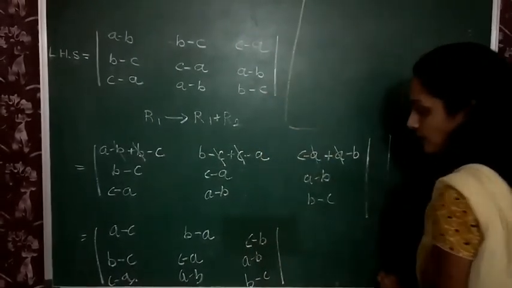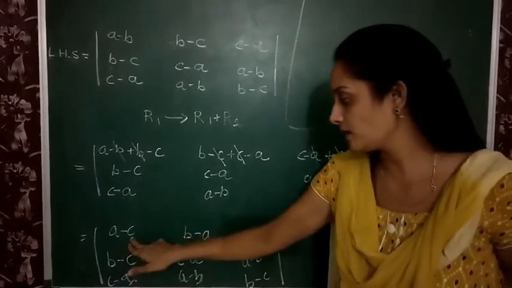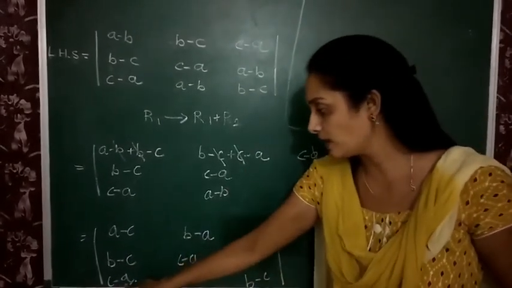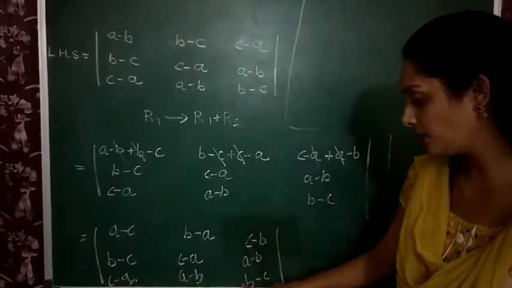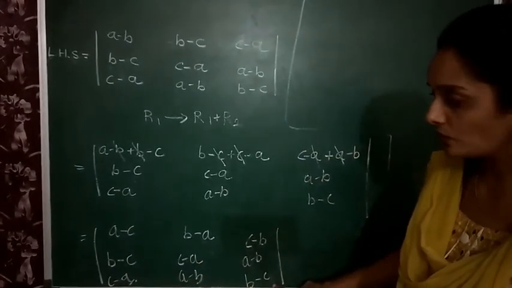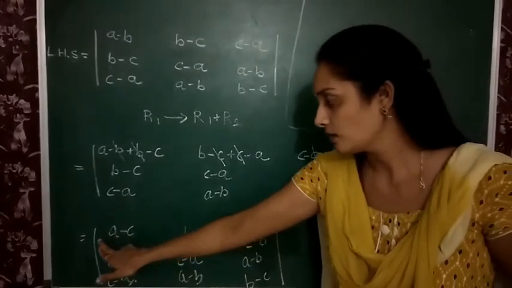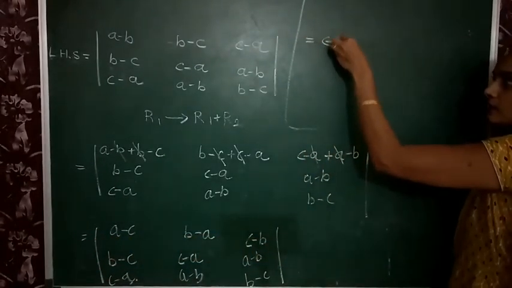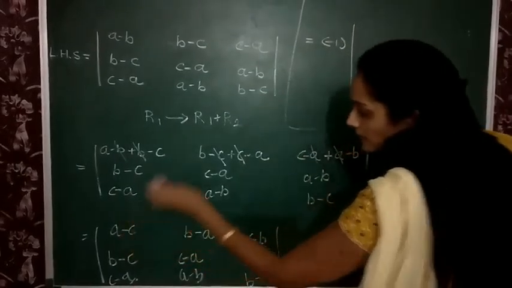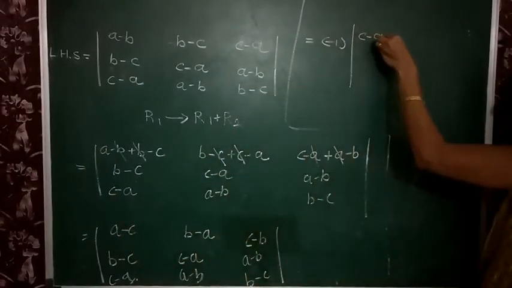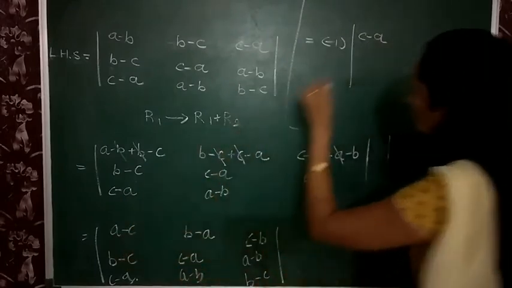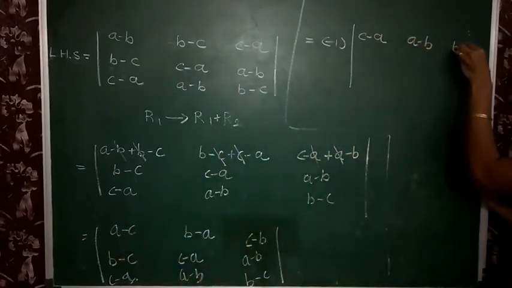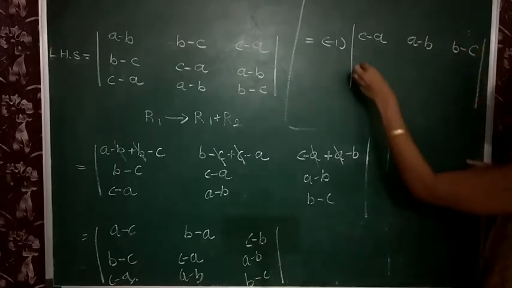Now we can see first row is a minus c, b minus a and c minus b, and third row is c minus a, minus b and b minus c. So we take common minus sign from first row, so we can write here c minus a, here a minus b and here b minus c.